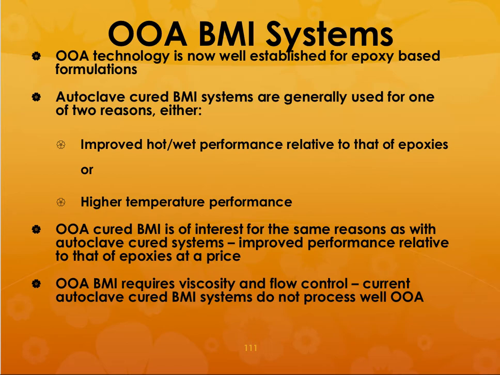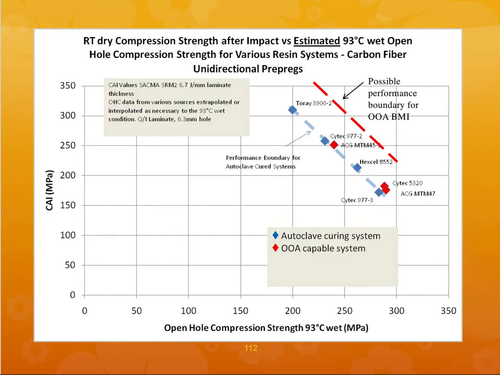What we have done is make high temperature tooling for making BMI type of structures. These systems have out-of-autoclave BMI which can be used for compression molding also. Similar properties, you have to measure the compression strength after impact, and you test it at different temperatures and so on.